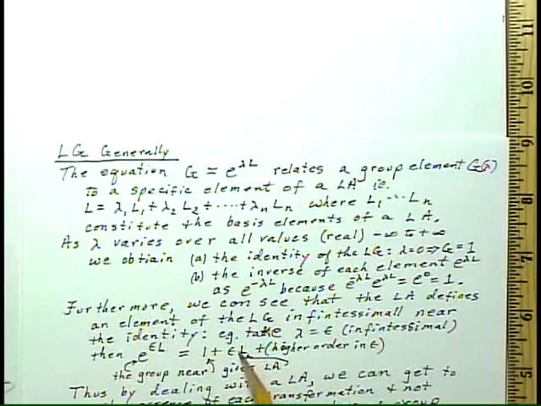How do we find the Lie algebra element that corresponds to that? The answer is take theta equal to an infinitesimal. And if you do that, you get a new type of matrix that involves epsilon to the lowest order. You then, of course, write that in the form 1 plus epsilon times some matrix.